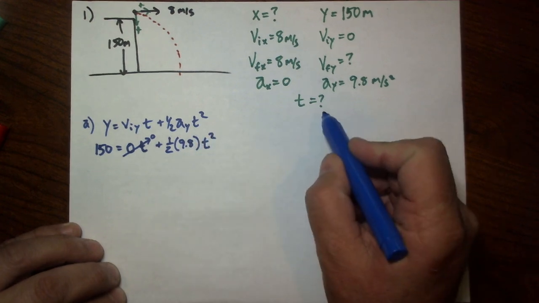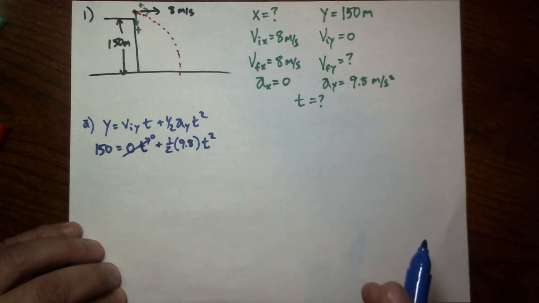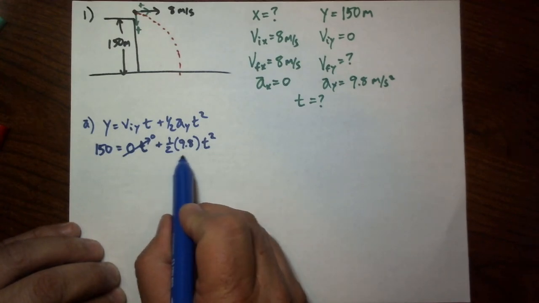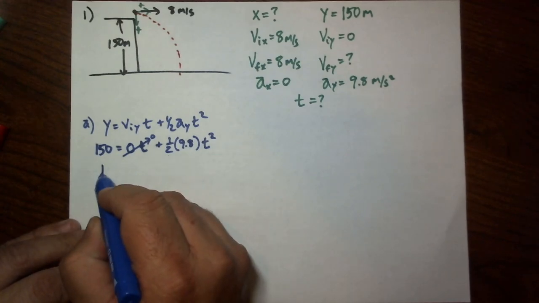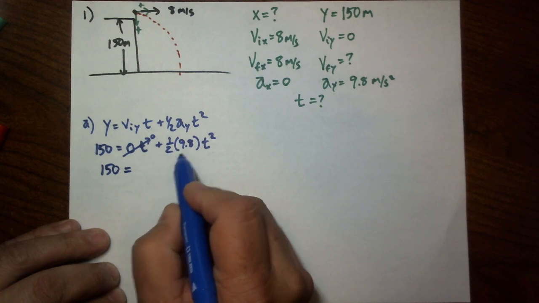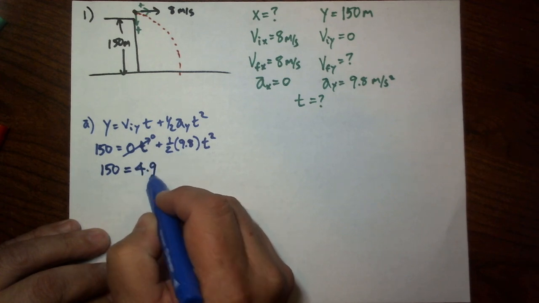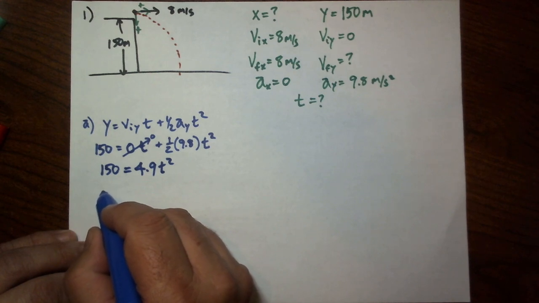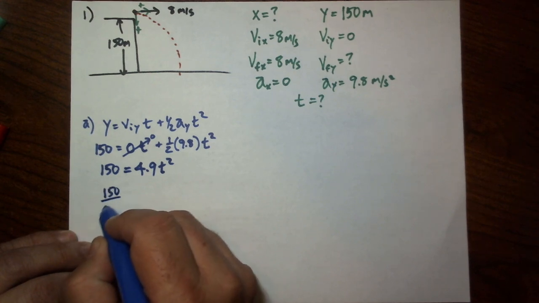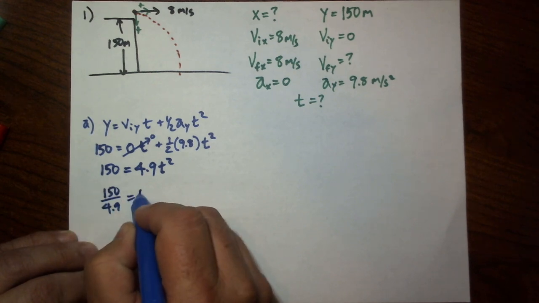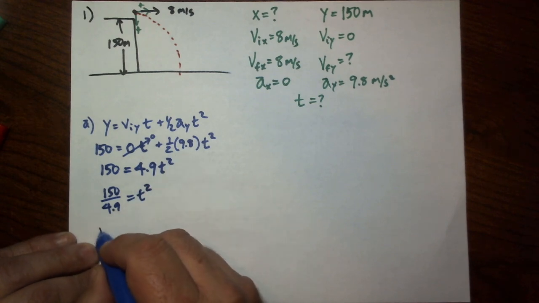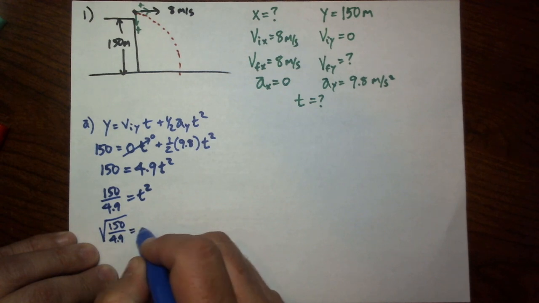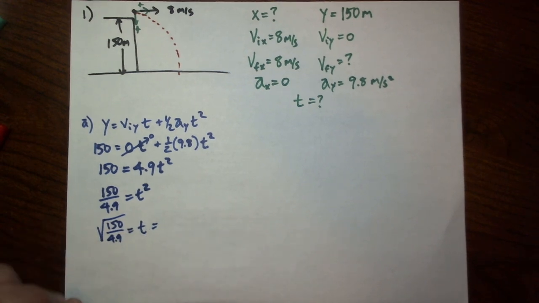Didn't put a number in for t because we don't know what t is, so we leave it as the variable. There's a little arithmetic we can do right here. 150 equals half of 9.8, which is 4.9, t squared. So that means that 150 over 4.9 is equal to t squared, and the square root of 150 over 4.9 equals t.